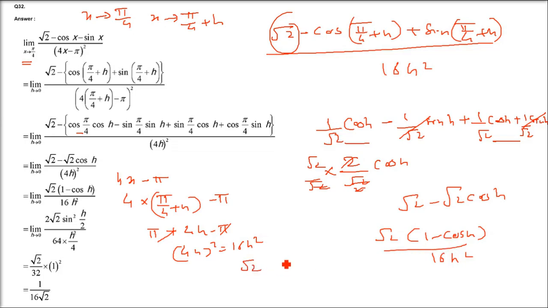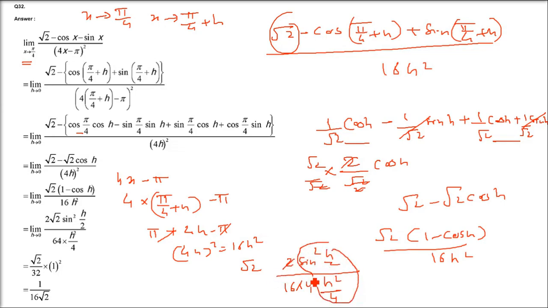So you have root 2, and 1 minus cos h can be written as 2 sin square h by 2. H square is already there, and since we need h by 2 squared, we have to multiply by 4. 16 into 4. So this whole is going to be, I just have to apply the limit h tends to 0, this whole is going to be 1.